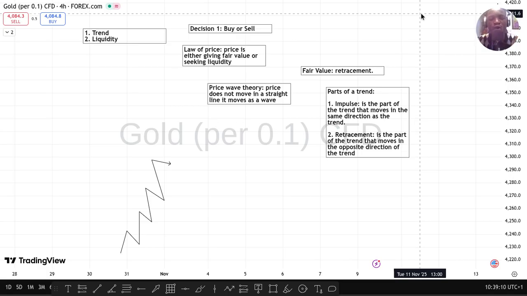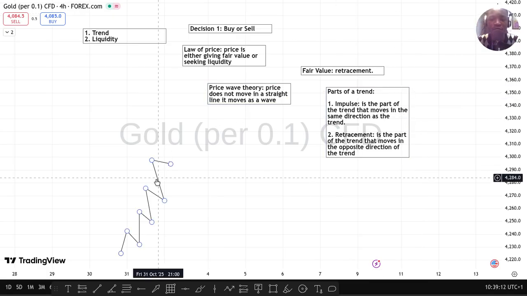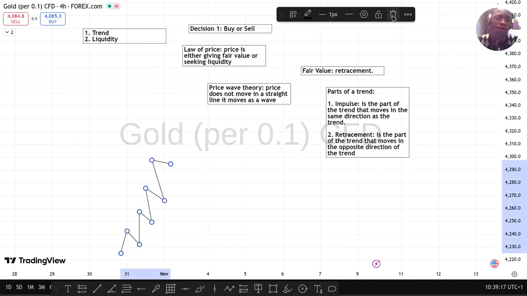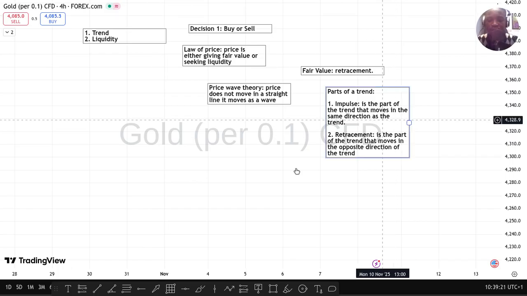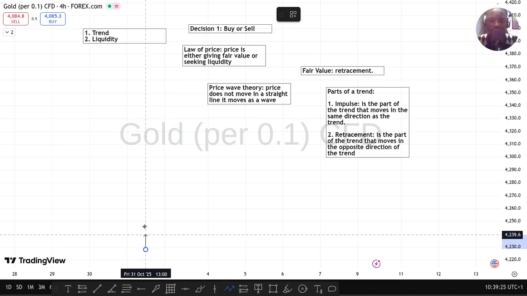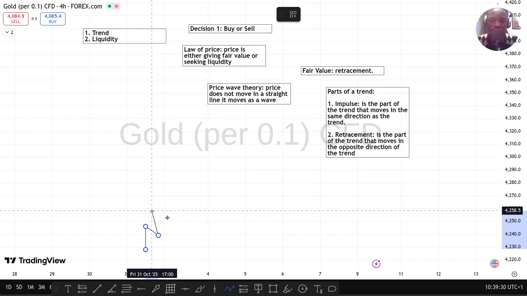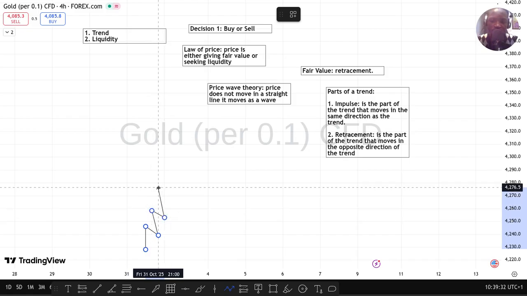Understanding that the price will never move in any direction in a straight line. No matter the direction the price is heading in, it will move as a wave, which means that we'll be having both buying and selling happening at the same time in that market. And so this is an uptrend, a depiction of what an uptrend looks like, right?